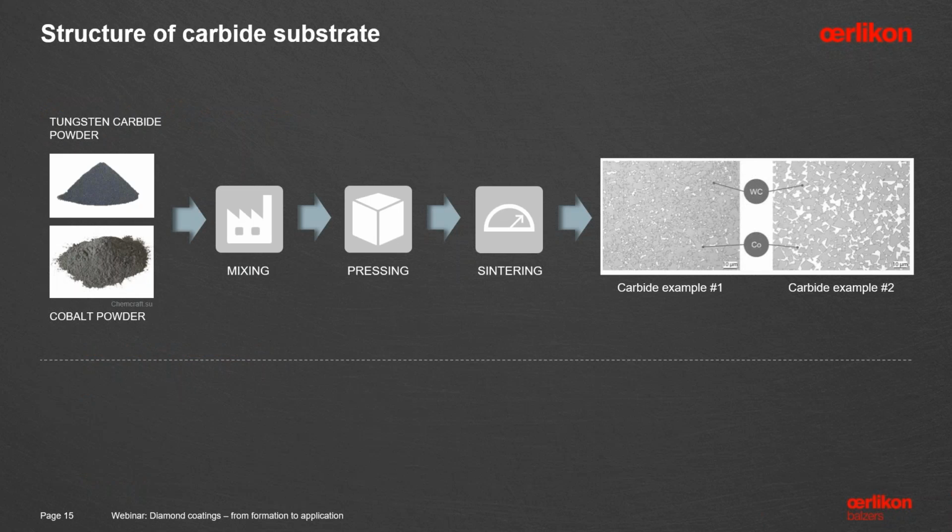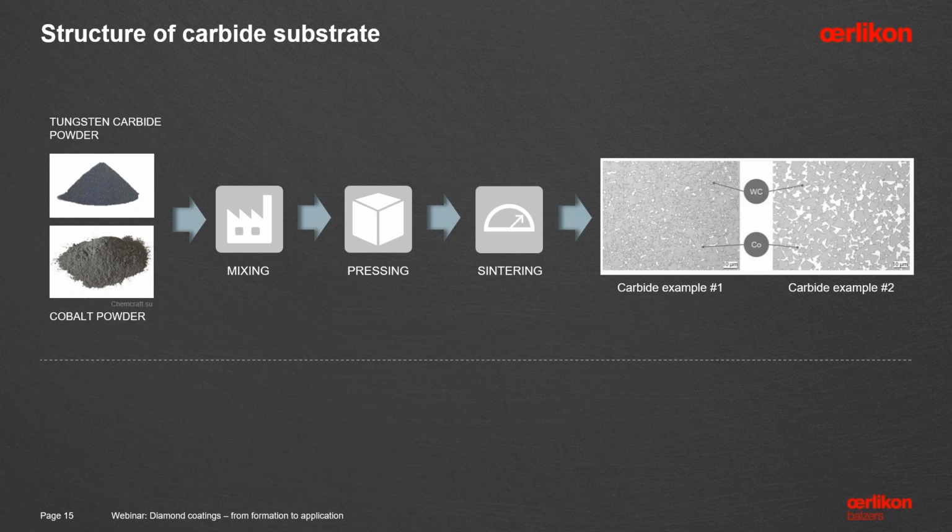So in order to have the proper creation of the coating at the surface of the cutting tool, let's remember briefly what this cutting tool is made of. It's typically an assembly of tungsten and cobalt in the form of powder. Through mixing, pressing, and sintering, create your solid carbide object and substrate.